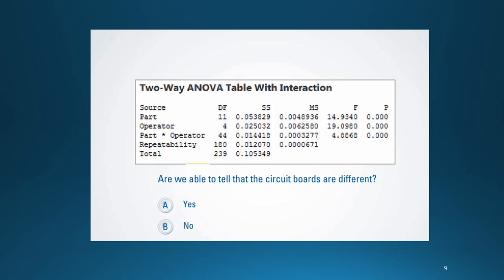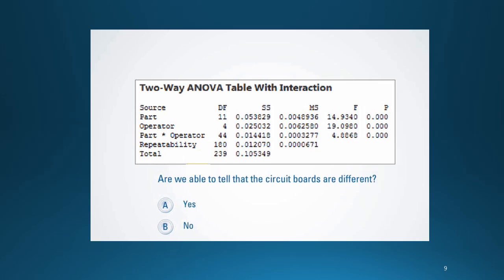So we've tested the significance of different components of variation in the measurement system. But what about variation in the part? The ANOVA table also includes the p-value for the significance of part-to-part variation.